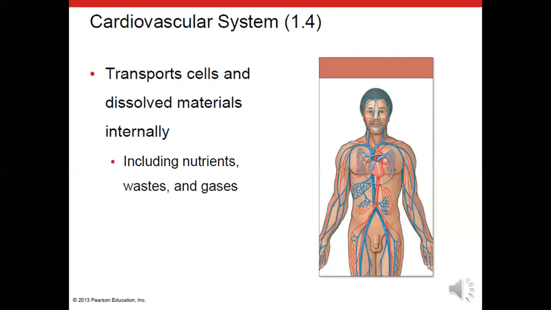And oxygen and carbon dioxide are then exchanged at the lungs, between the lungs and the blood. So when you breathe air in, oxygen is sent from the lungs to the blood. And when you breathe out, carbon dioxide is sent from the blood to the lungs so you can breathe it out. So we've got even more crossover here.